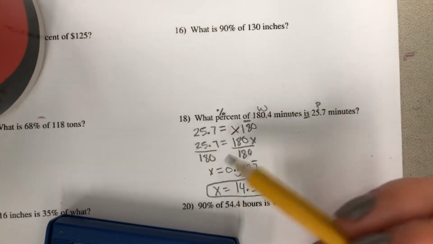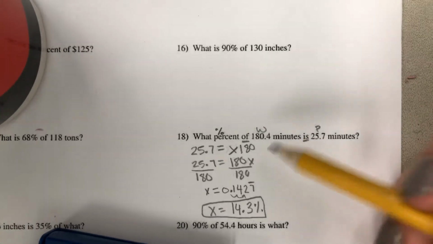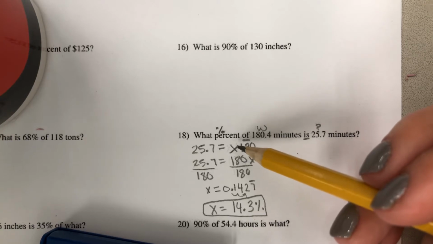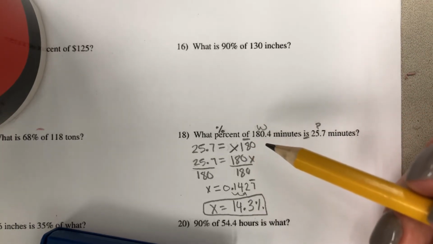Okay. So in this way, we had to move the decimal 2 places to the right because we did not put our percent over 100. So when it came out, it just came out as a decimal answer instead of as a percent number.